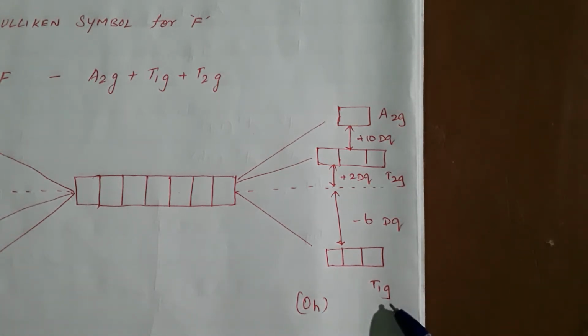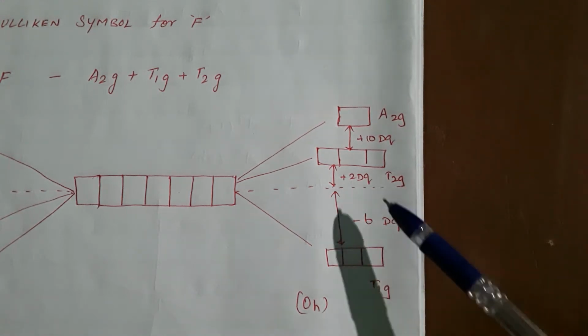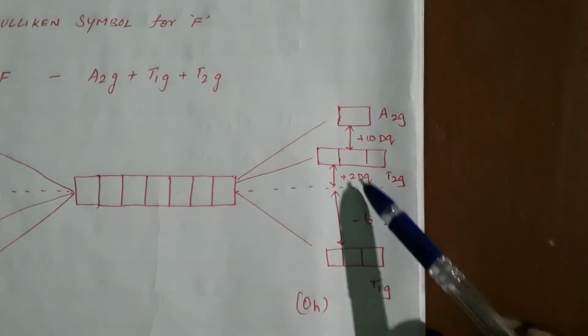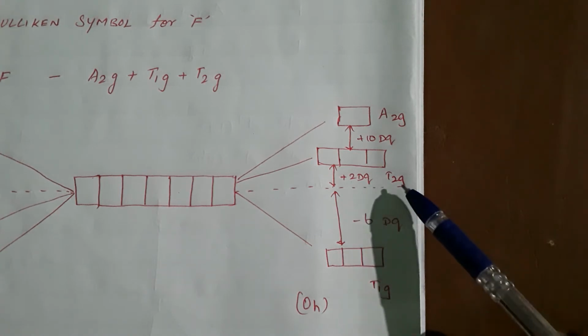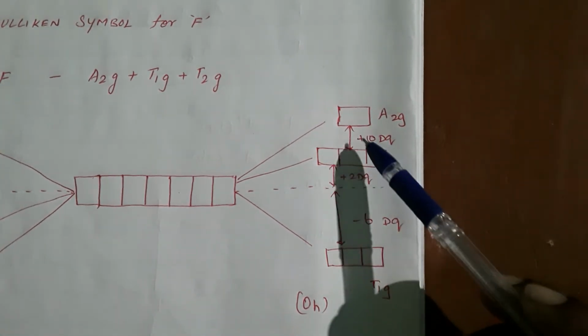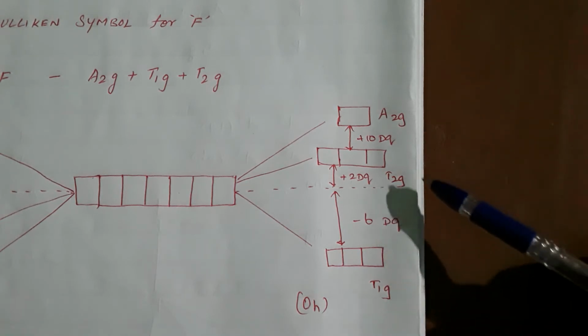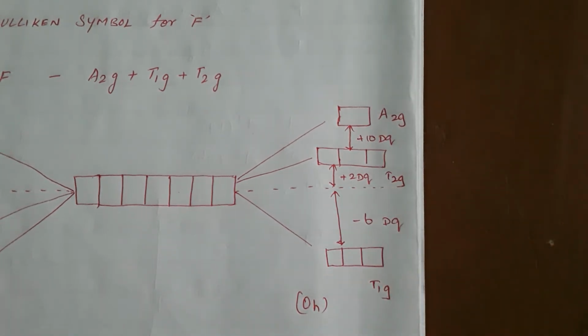First one is T1g, with a decrease in energy of minus 6 Dq, and there will be an increase in energy of plus 2 Dq, that is T2g. After that 10 Dq. Remember that this 10 Dq is delta naught. So in order to find out the CFSE, you have to find the transition between T2g and A2g. So this is 10 Dq.